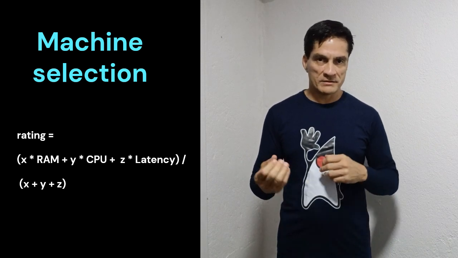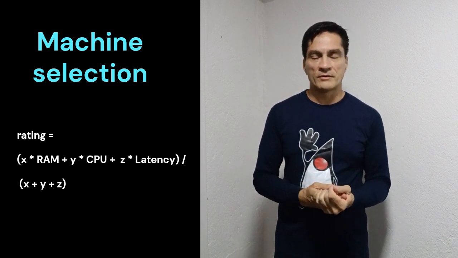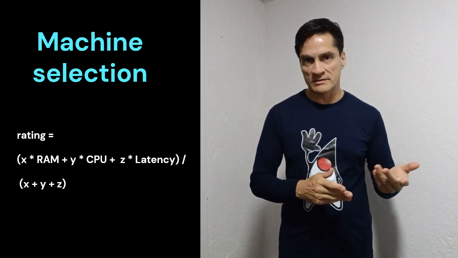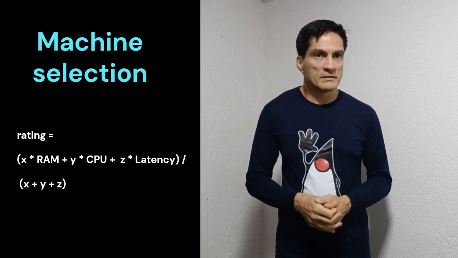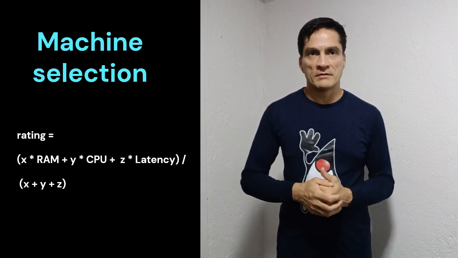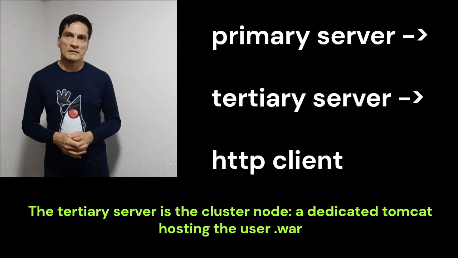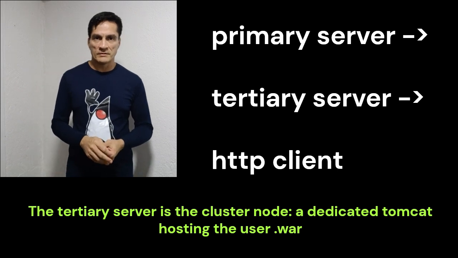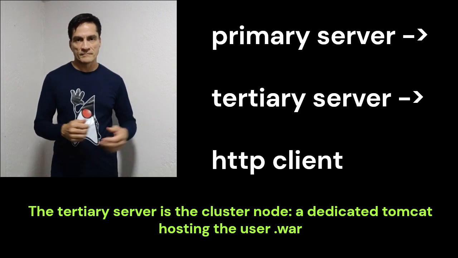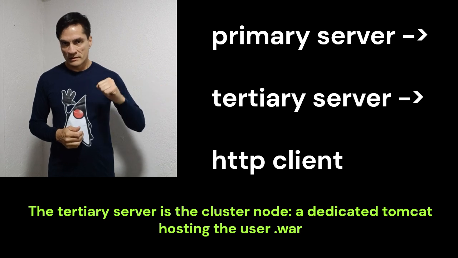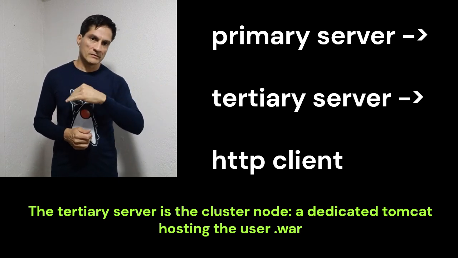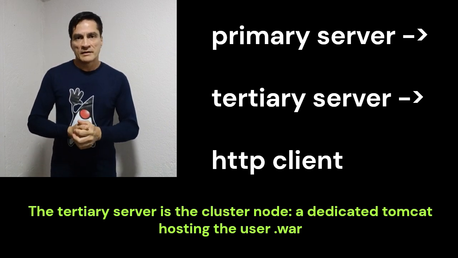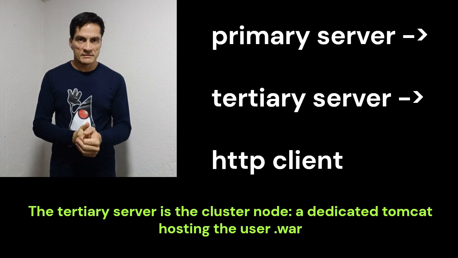That decision will be based on several factors, such as the RAM memory, the CPU usage, the latency, and time series data. And that request will be directed to the best candidate in the cluster. The machine performs the request, responds to the primary server, and the primary server gets the response back to the client.